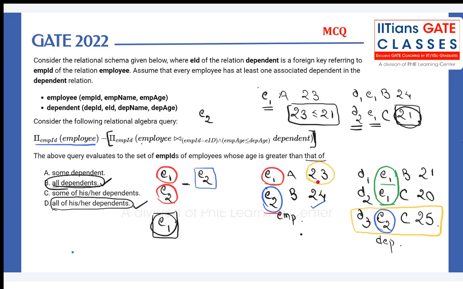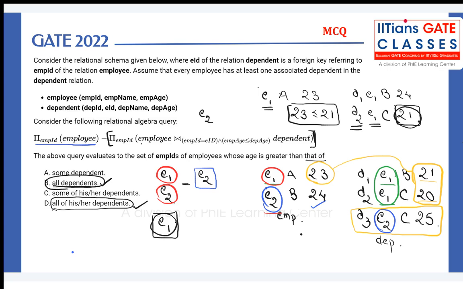Because 23 is not greater than 25. But why did I get E1 as the answer? Because employee E1 has age greater than or equal to all of his or her dependents. So which is the correct answer now then?